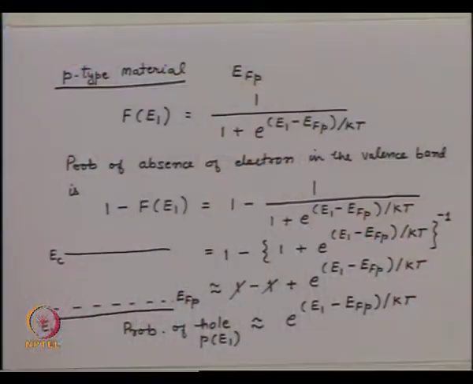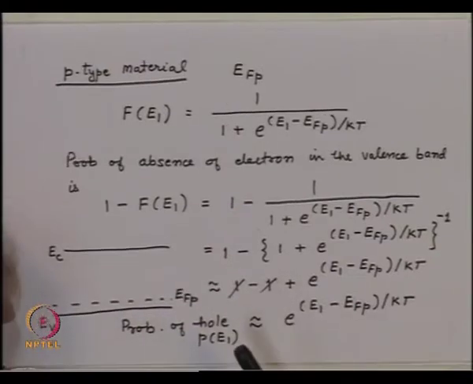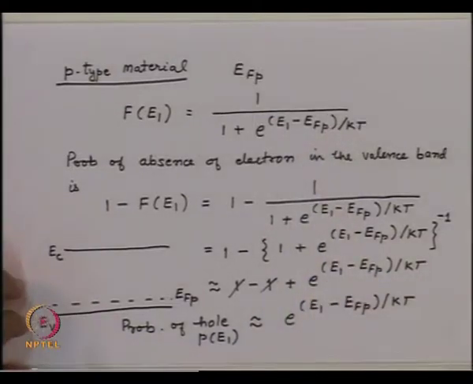So, by taking this simple model, we wrote down essentially the probability of having a hole in the valence band in a p-type material, and then making certain approximations that the energy levels which you are talking about are much smaller compared to the Fermi energy level, we got the probability of a hole which was approximately given by this quantity.